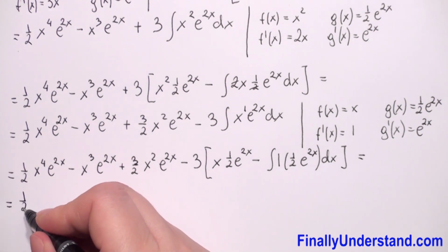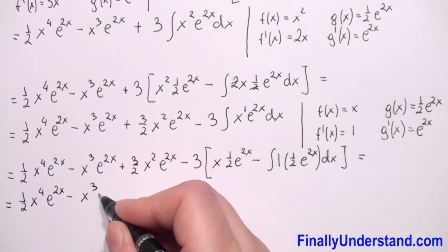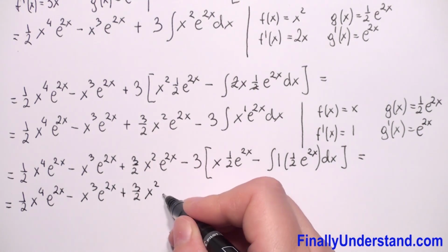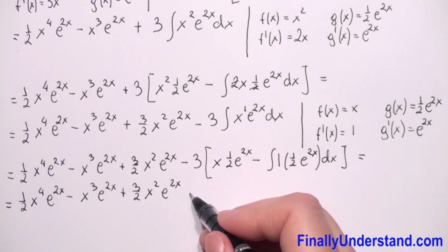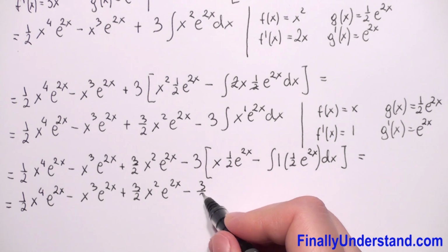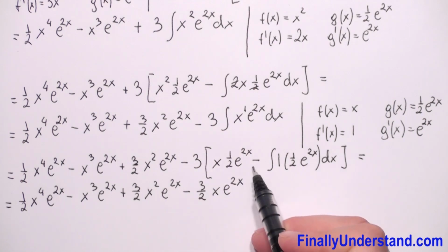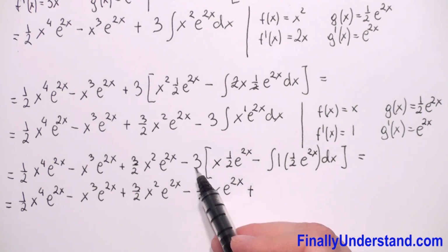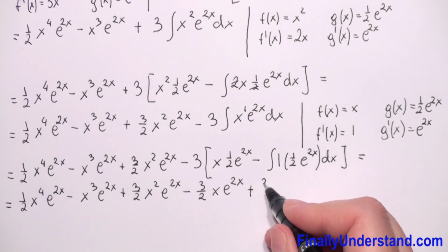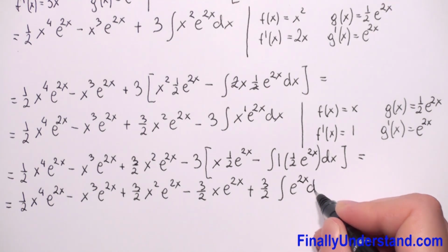So this is equal. We have 1/2 x to 4th power e to power 2x minus x cube e to power 2x plus 3 over 2 x squared e to power 2x minus 3 times 1/2, which is 3 over 2 x e to power 2x, and now negative times negative gives us positive, and we will take this 1/2 before the integral times 3, which will be 3 over 2, and we have the integral of e to power 2x with respect to x.